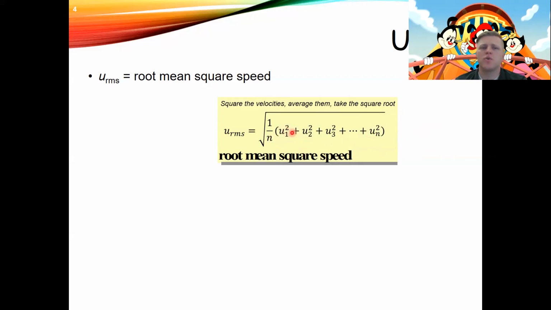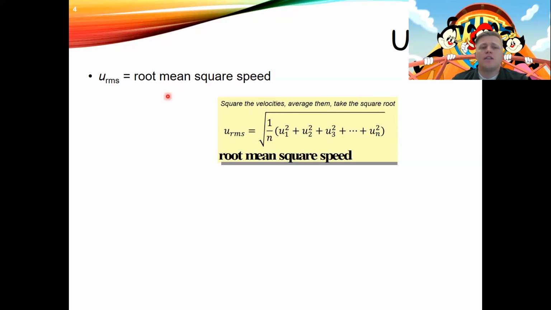So we find the square of each number first, then take the mean of the squares, and then take the square root. That's why I say we do it in reverse order of RMS: the square, then the mean, and then the root.